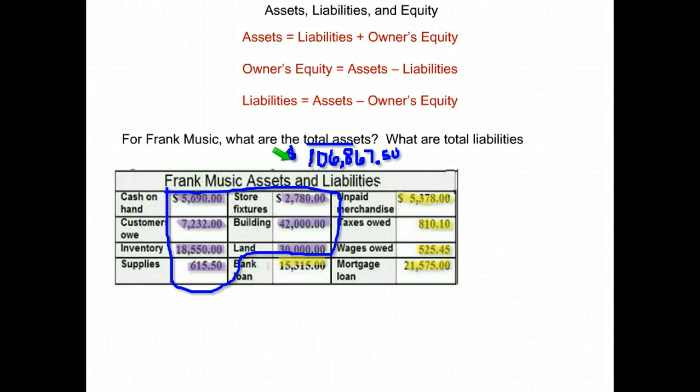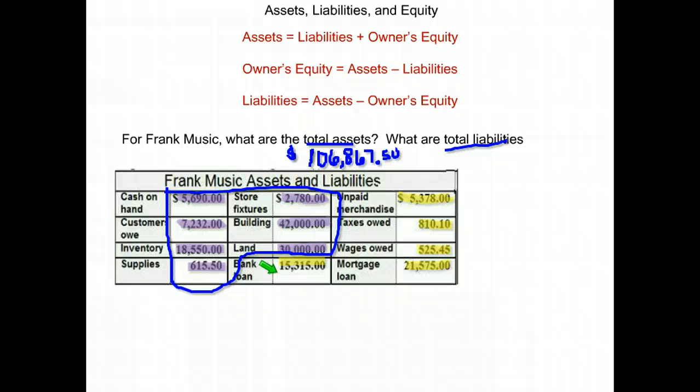Okay. Next, let's answer what's the total liabilities. So again, everything else there is a liability. Again, liabilities are all those things that you owe to someone else. So let's total those. Okay, so we're going to total everything that's highlighted in yellow. 15,315, 5,378, $810.10, $525.45, and 21,575.